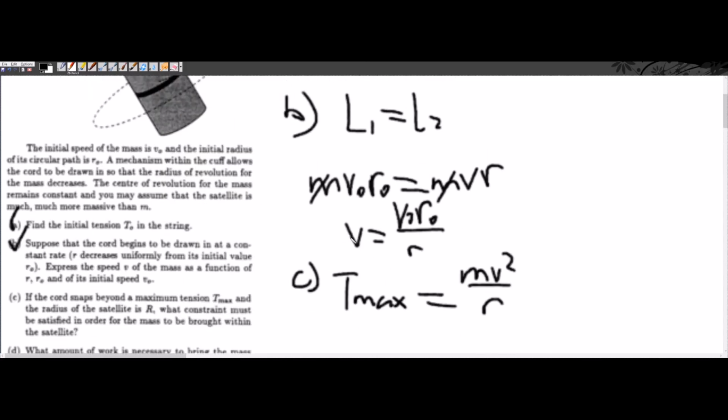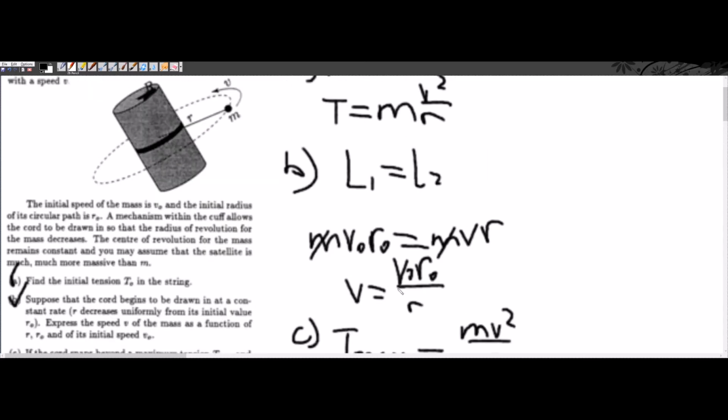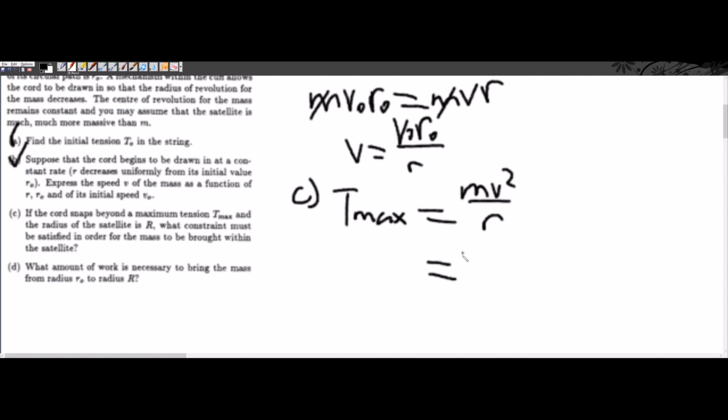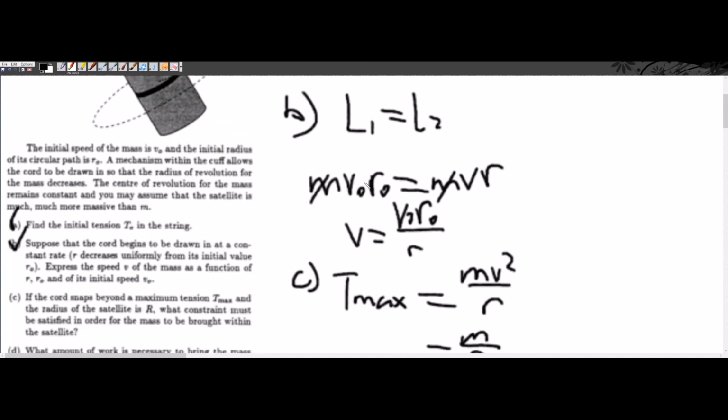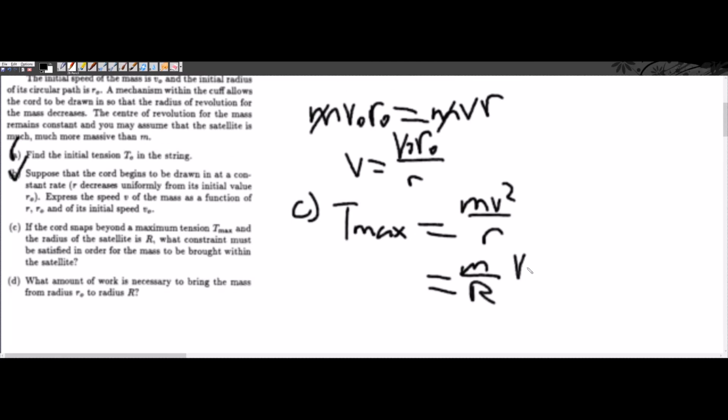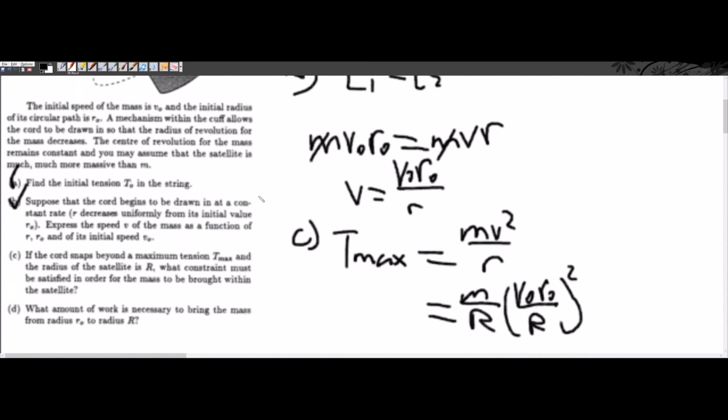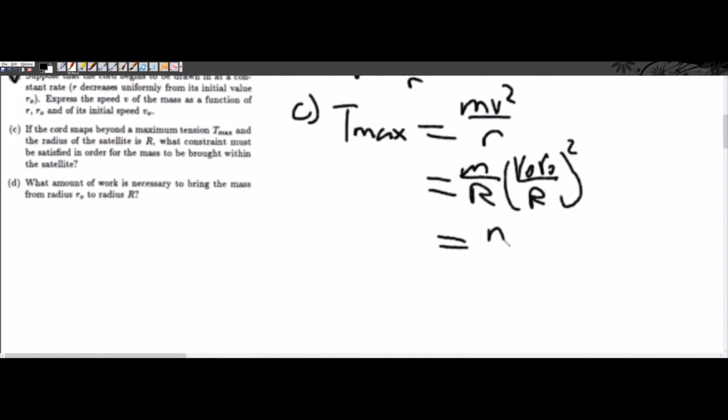So you find the velocity that the mass has when it's at r. So you plug this value in. This is equal to m over r, because the radius is going to be r. And for v squared, you plug in v0 r0 over r, and then square it, because this is going to be the velocity when it's at r. So this is going to be equal to m v0 squared r0 squared over r cubed, right? Two r's here and one r here.